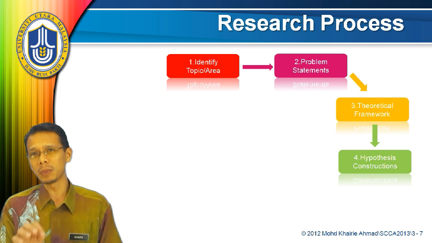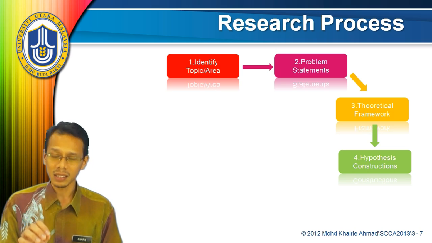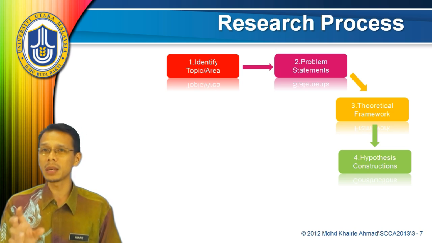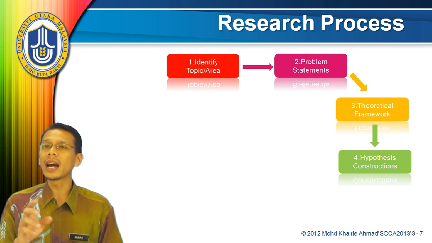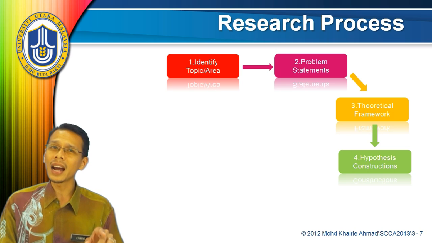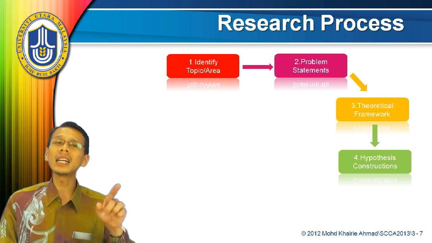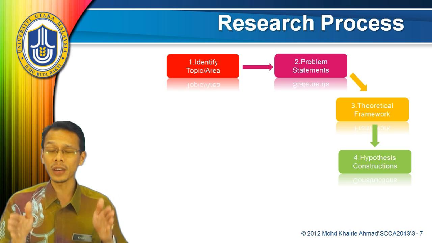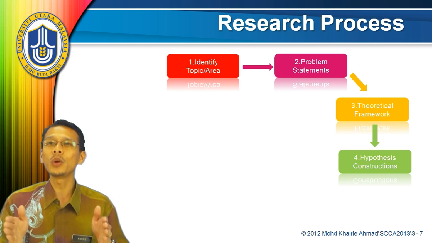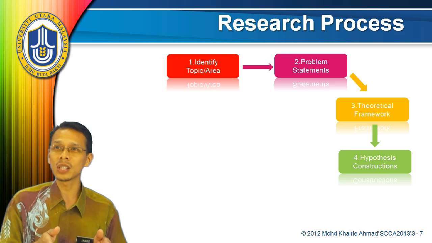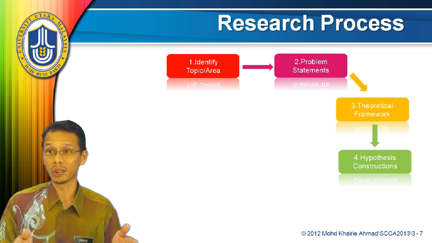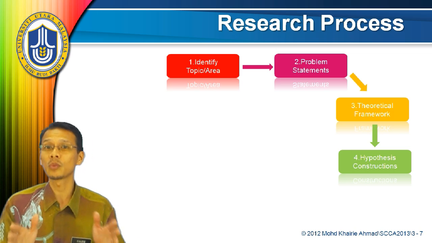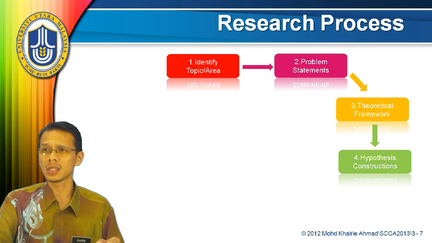Simply, a hypothesis is a kind of statement, a kind of idea that tries to make an early assumption about something. When we have a hypothesis, we know in our research what we try to relate with. This is what we call a hypothesis.